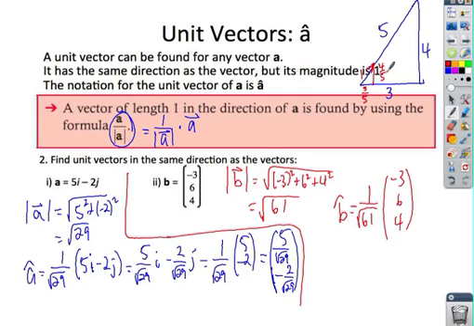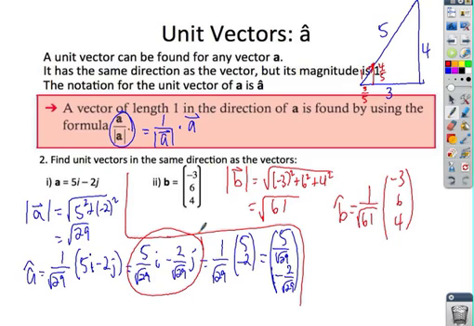It's 1 unit long, and the sum of the squares of the components will add up to 1. All right, you can test what I just said by even, for example, in here. If you want to test and see if you've actually found the unit vector, this unit vector needs to be 1 unit long. So if you square 5 over root 29, you should get 25 over 29.